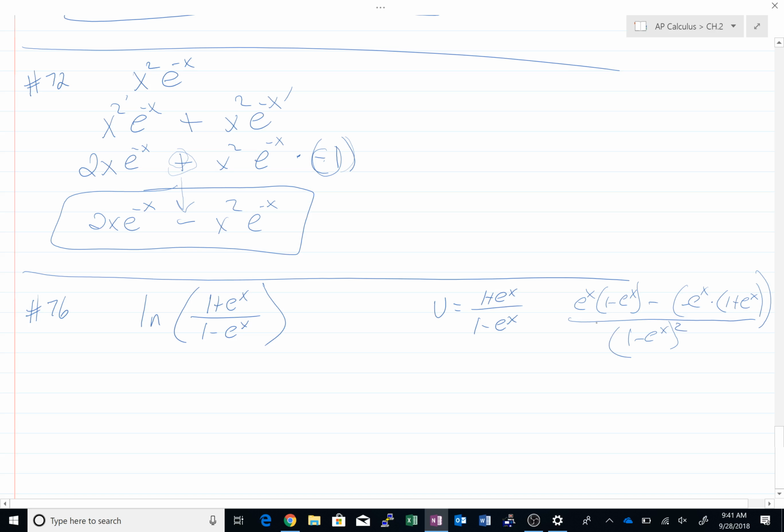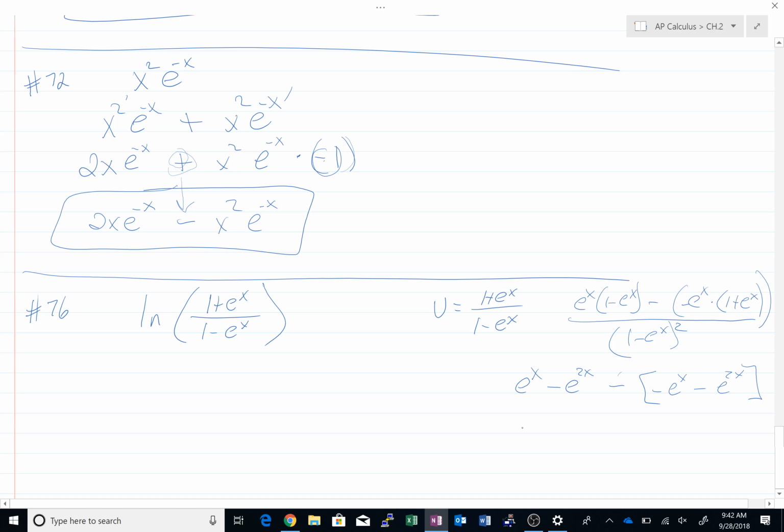All right, so let's clean some of this up. That would be e to the x minus e to the 2x. Okay, remember I just add the powers. e to the x times e to the x is e to the 2x. And this would be minus negative e to the x minus e to the 2x.